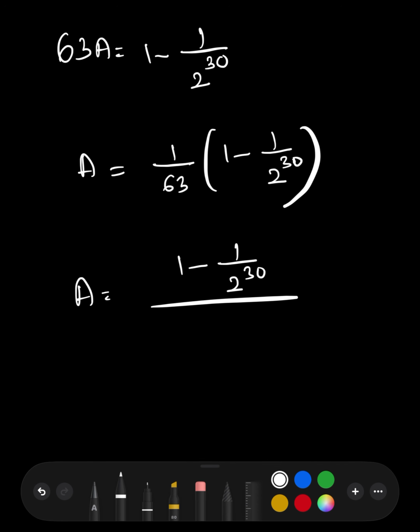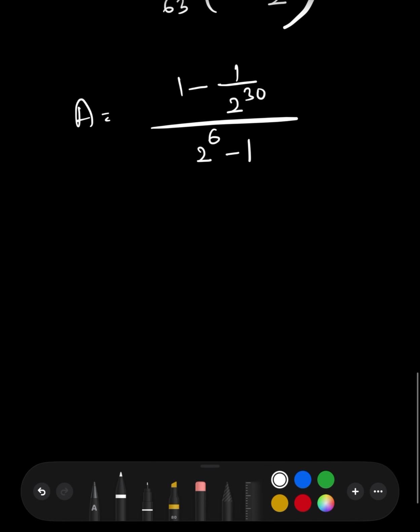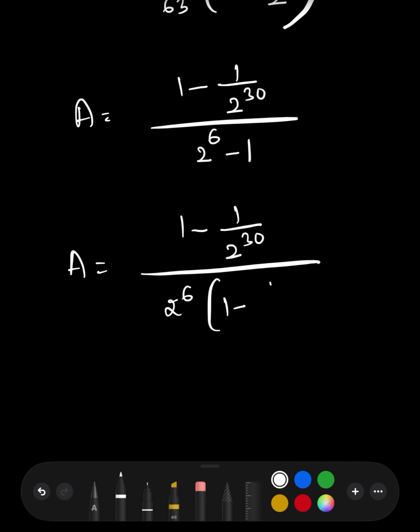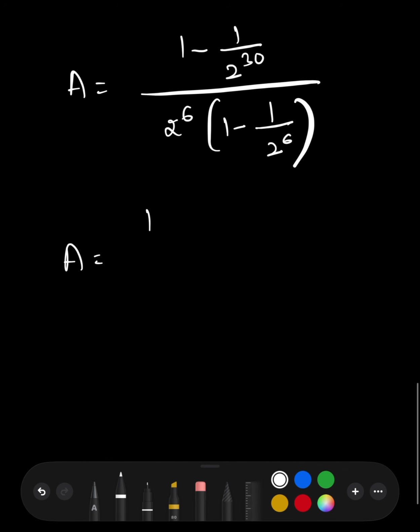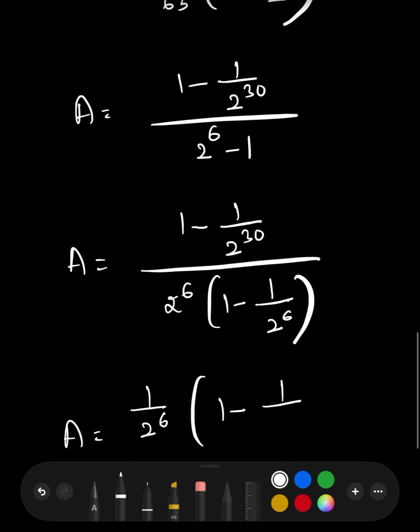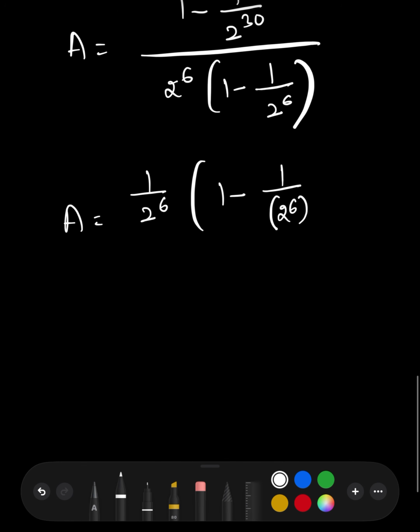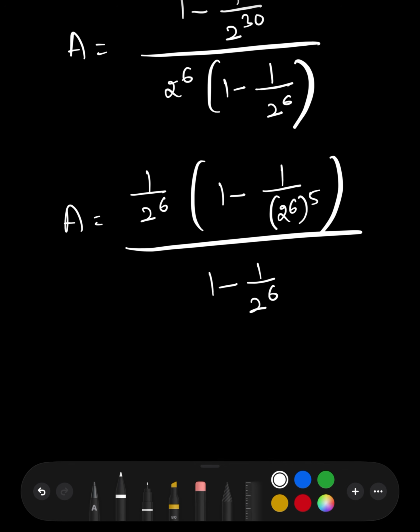I can write 63 as 2 power 6 minus 1. Now if I take 2 power 6 common, I get capital A equals 1/2^6 into 1 minus ((1/2^6))^5 divided by 1 minus 1/2^6.